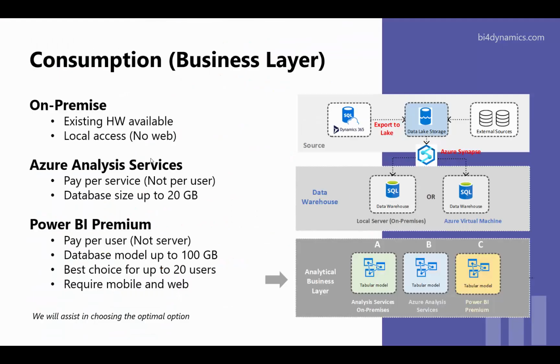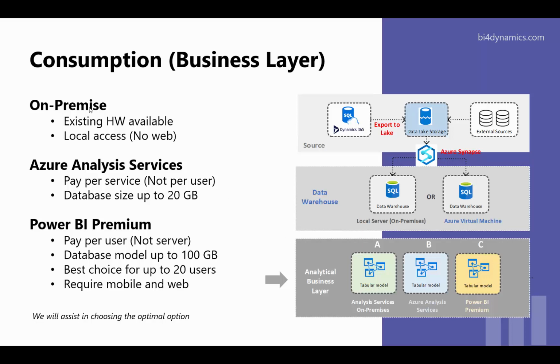The last part in our architecture is data consumption. This is a business or semantic layer where users would connect with Excel and Power BI or any other tool. We have seen already the user experience, and I'm just going to explain the implementation options of this business layer. So in every case, we are hosting the data in the tabular model. What is the hosting environment?